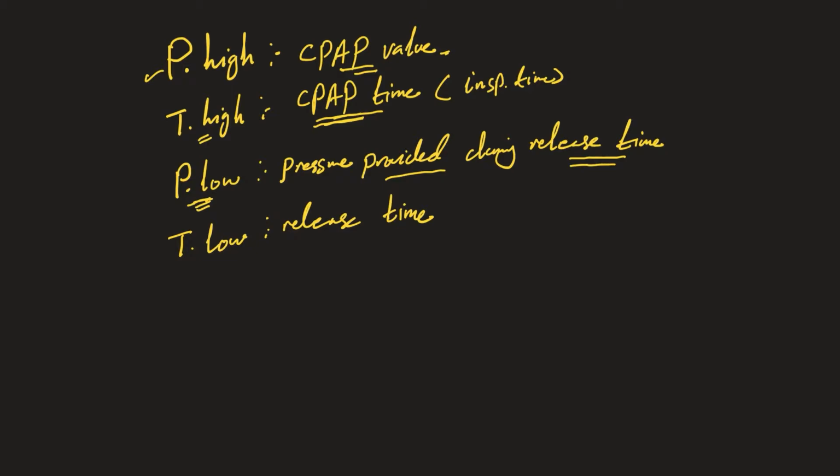And whenever you see this, we will always use a zero value, for reasons I will explain later on. And T low is the release time, how long the valve will remain open, how long we spend in the release phase, aka expiration time.